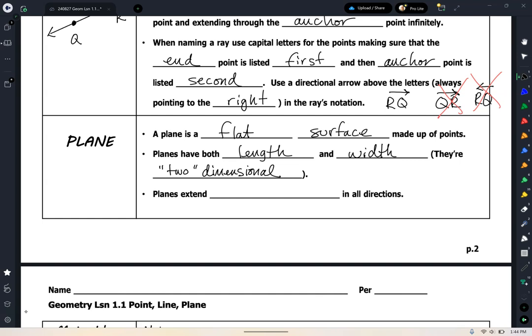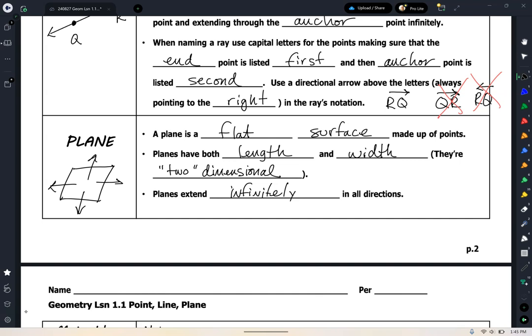Okay, so I want you to draw this picture here. So we'll use sort of a parallelogram for our plane. Planes extend infinitely in both directions, like lines. So what we're going to do is we're just going to do some arrows like this to indicate that a plane would extend infinitely in two directions. Now, of course, probably the closest example to a plane I can give you is like a piece of paper like this.